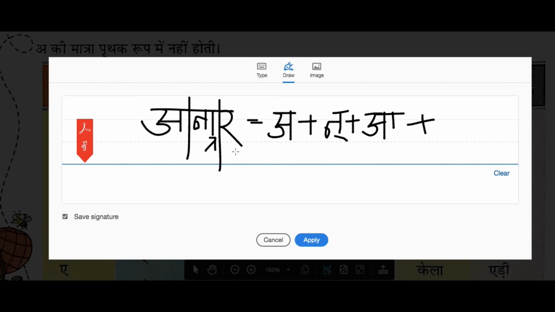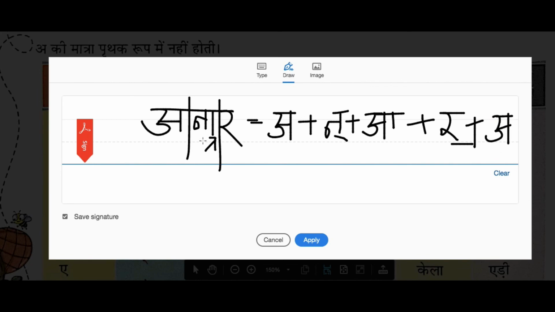Again in ra there is not any matra, so we will simply write ra with halant plus a. If there is no matra, then it will be a.